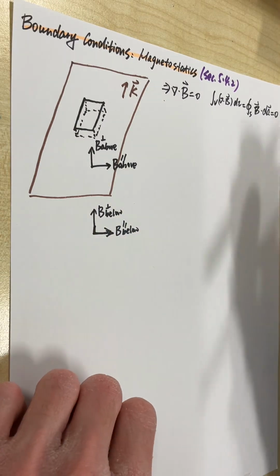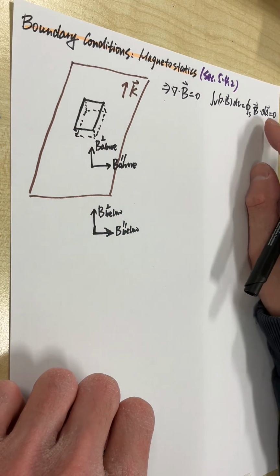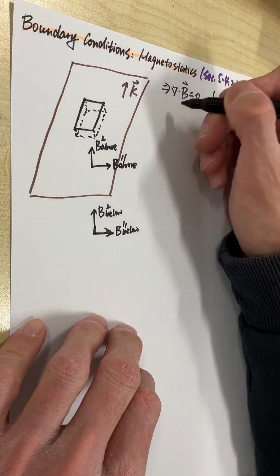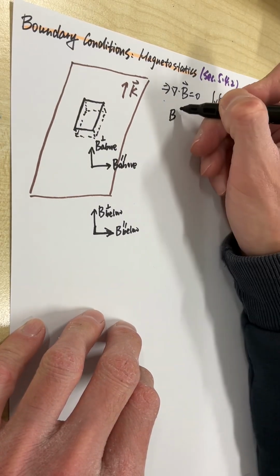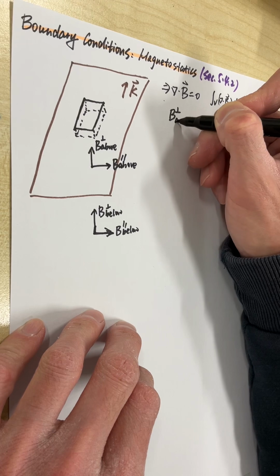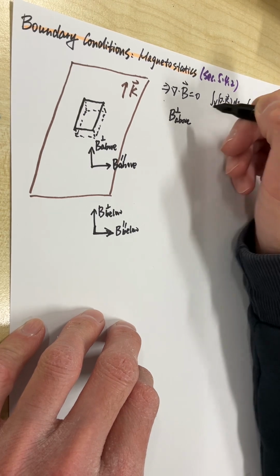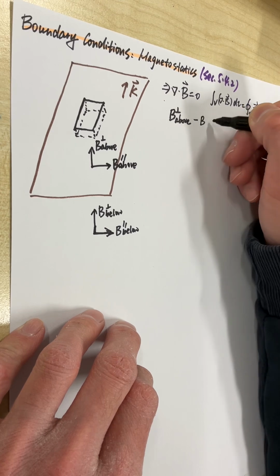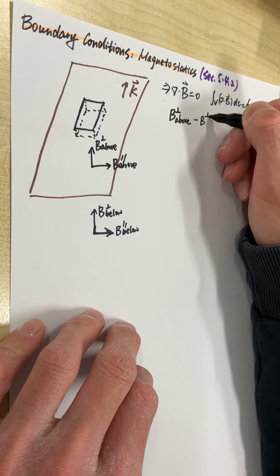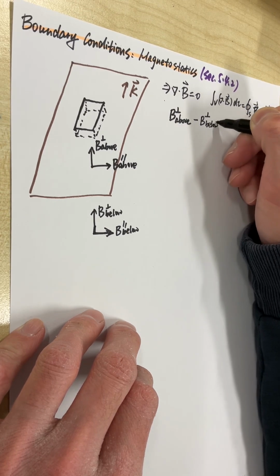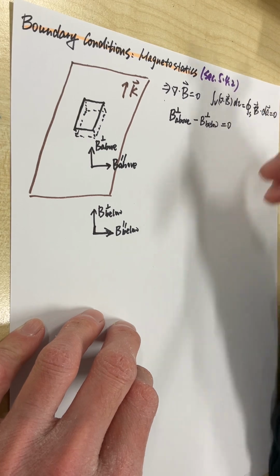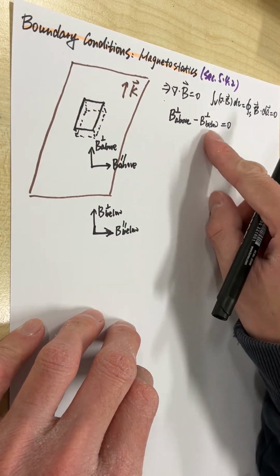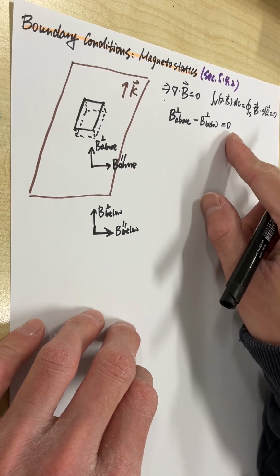Okay, so this direction is perpendicular to the surface. So we have B normal component above minus B normal component below equal to 0. So B above multiplied by the area, B below multiplied by the area, that would be 0.